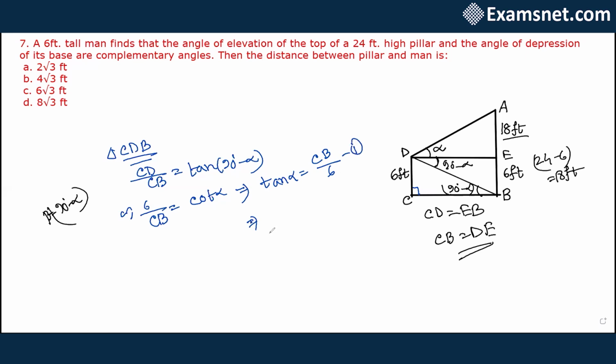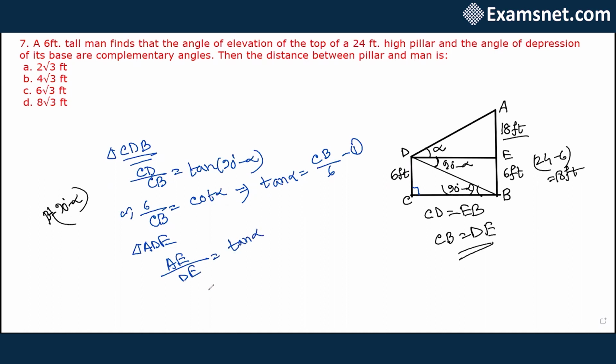Okay, next, since CB equals DE, now let's consider the triangle ADE. AE by DE, correct? Again, we can write tan alpha.